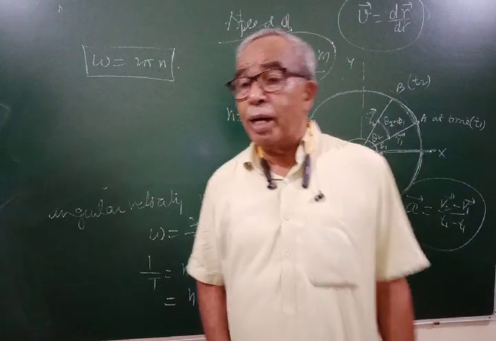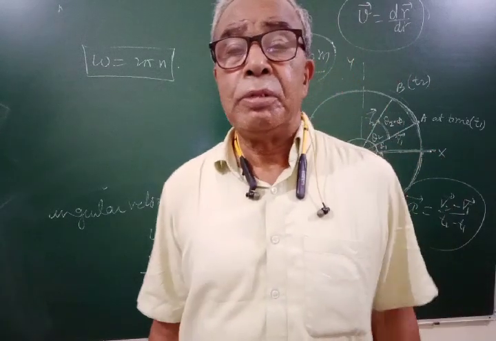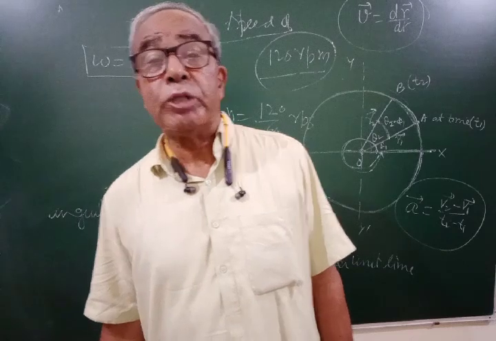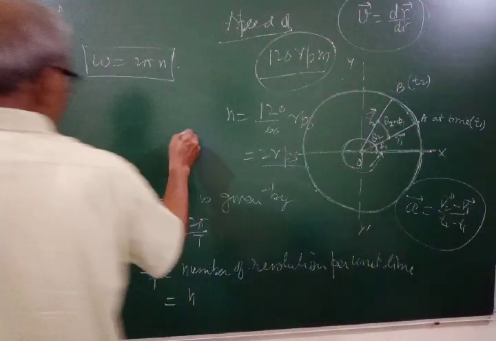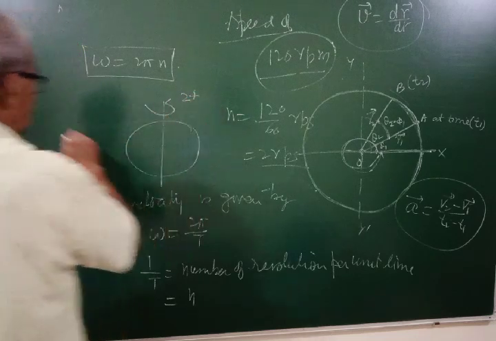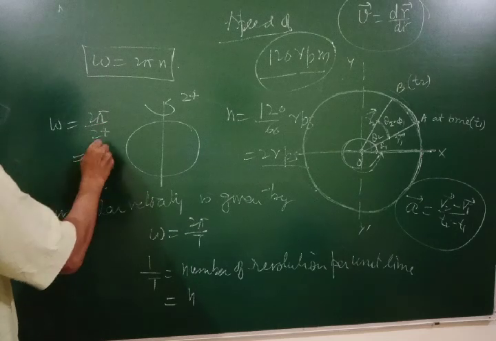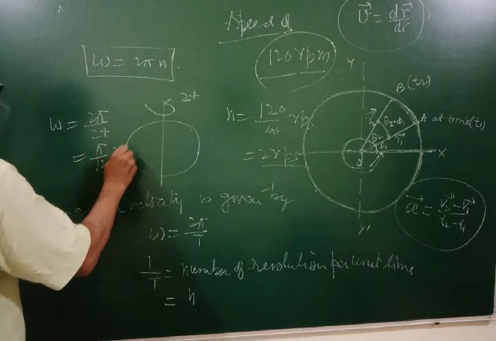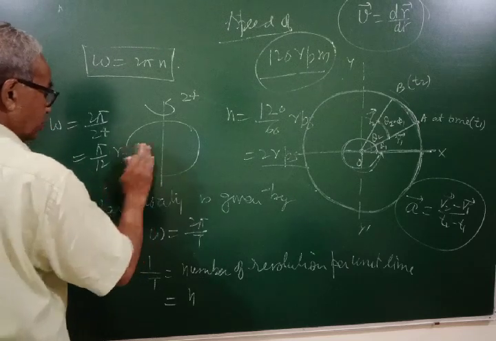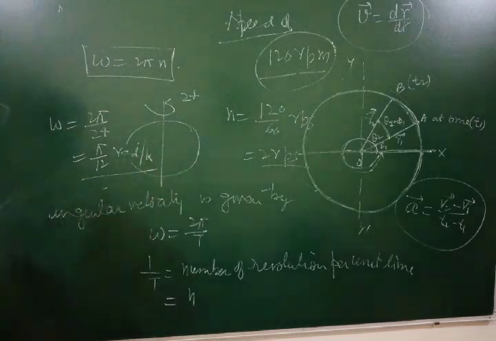Therefore, its angular velocity is 2 pi upon 12, pi by 6 radian per hour, the lowest velocity. Similarly, Earth rotates about its axis in 24 hours. So its omega is 2 pi upon 24, that is pi upon 12 radian per hour. So this is all about angular velocity.